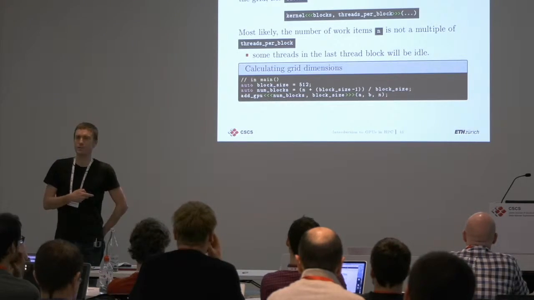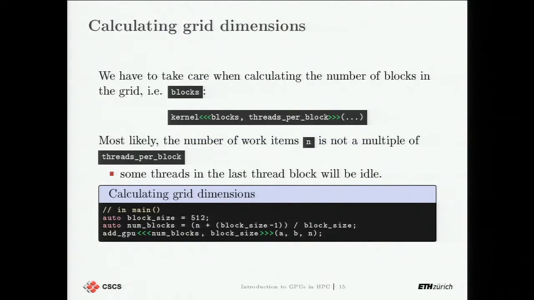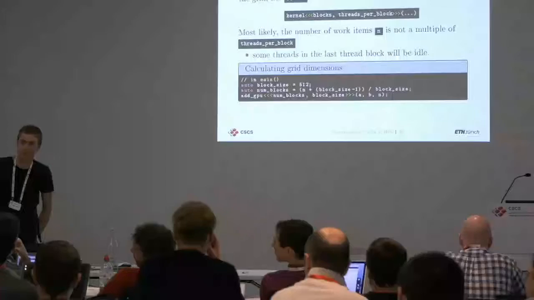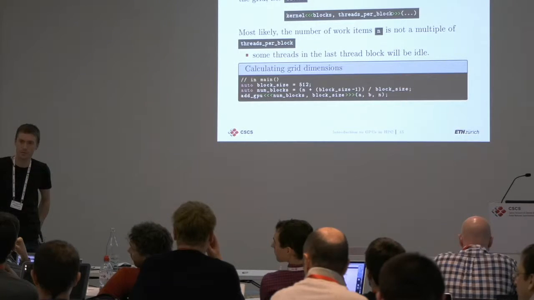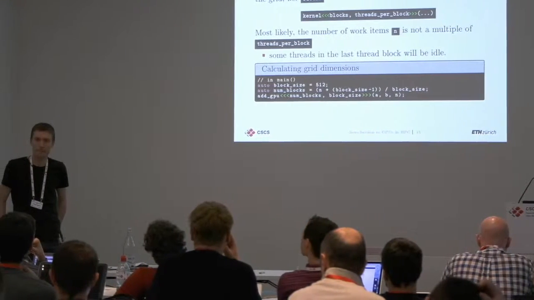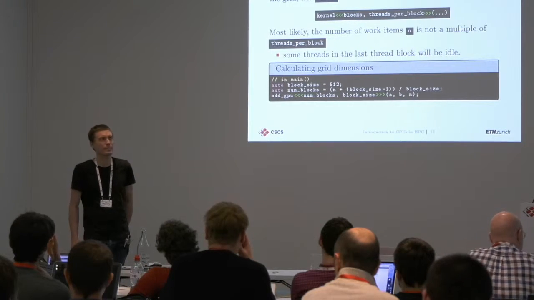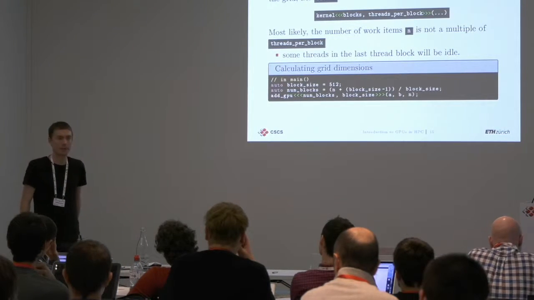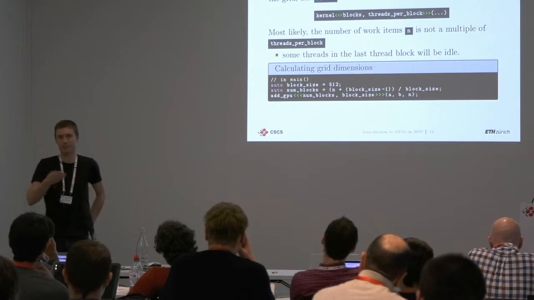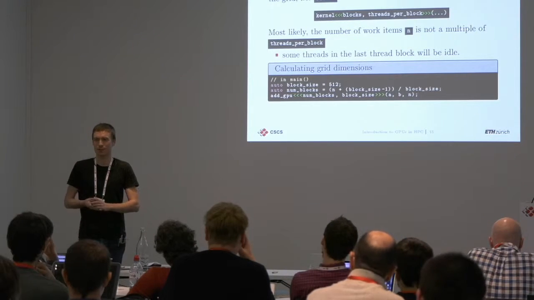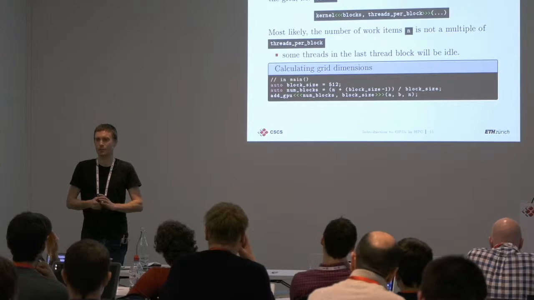Any questions? Yes. So in this situation, let's say that n is 700. Would it be better to try to evenly divide, to set a smaller block size? No, not really. I mean, n equals 700 with block sizes of 512 is kind of a trivial example. It's not a very good one.